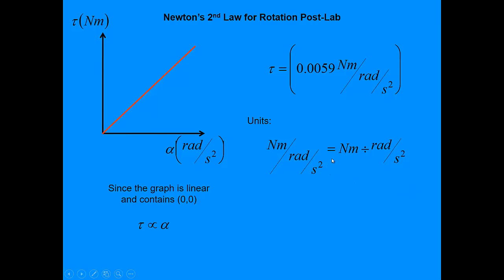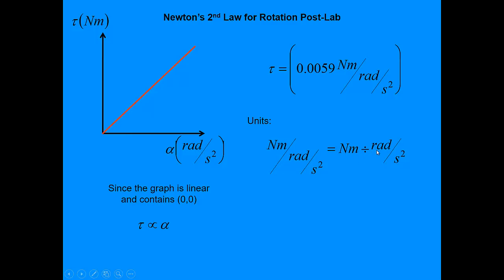Now, remember that a Newton is itself a derived unit. What does 1 Newton stand for? We did a whole lab on this last year. 1 Newton is the force required to make a 1 kilogram object accelerate at 1 meter per second squared. A Newton is a kilogram meter per second squared in base units. They just decided to call that combination a Newton.